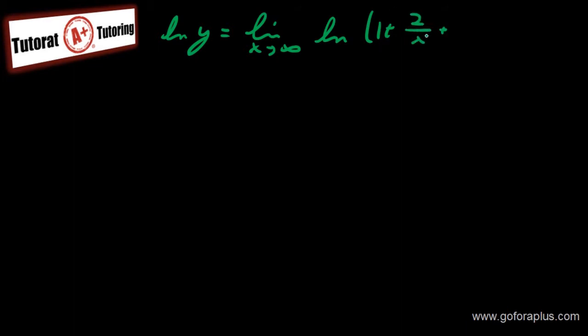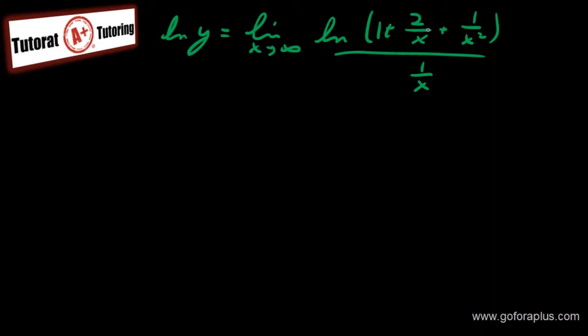Now, let me do that on the next page. If I rewrite the answer here, limit of x approaching infinity, ln of 1 plus 2 over x plus 1 over x squared, over 1 over x.